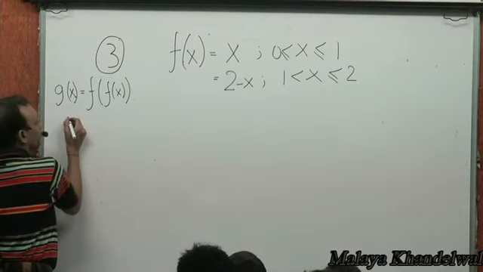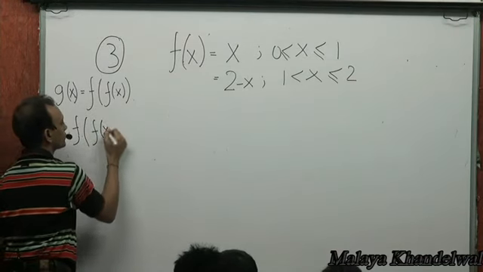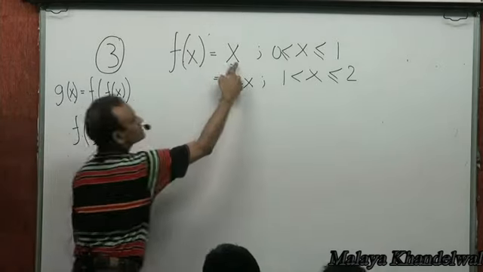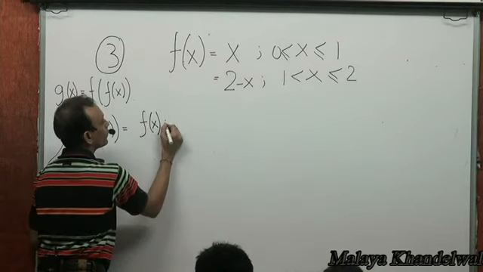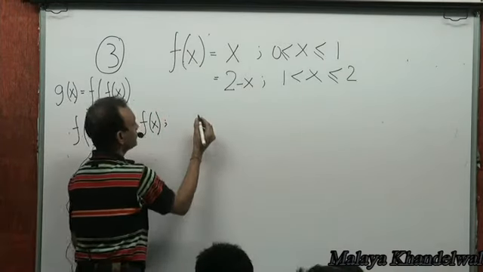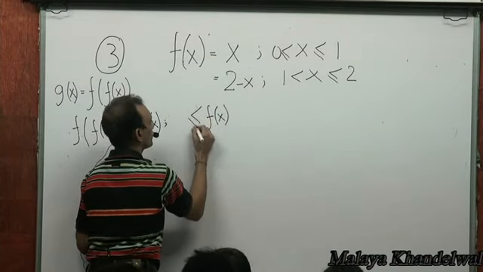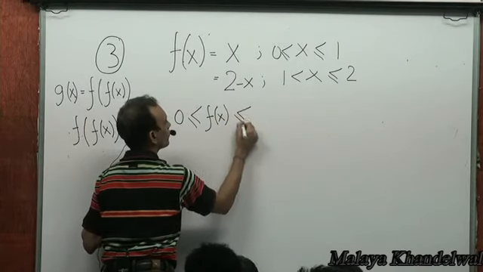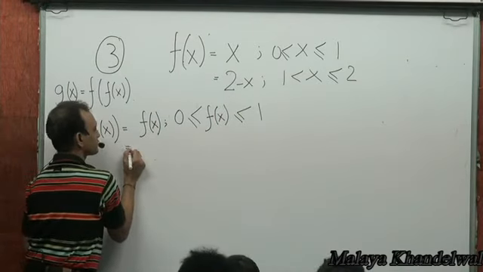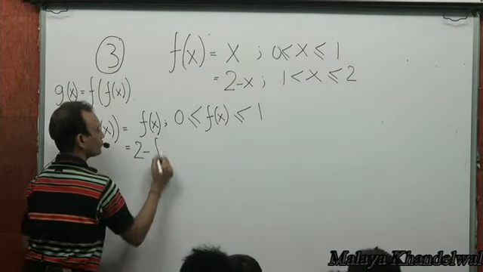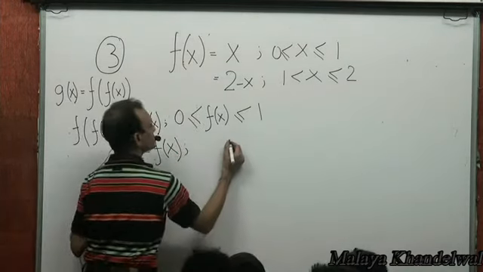So f of f(x) is equal to f(x), where f(x) lies between 0 and 1, and is going to be 2 minus f(x), where f(x) is greater than 1, less than or equal to 2.